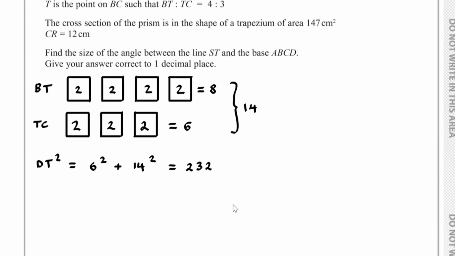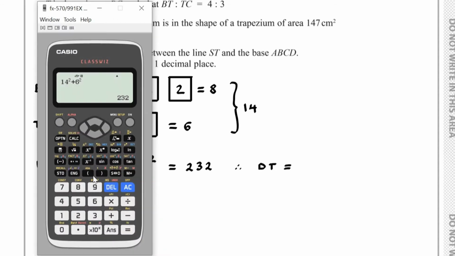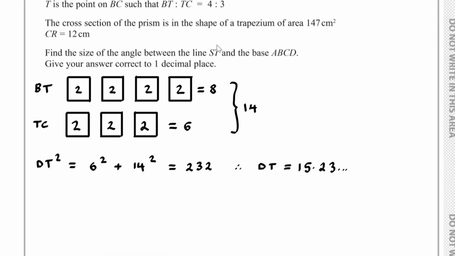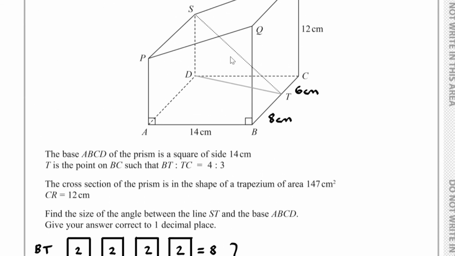And so DT is the square root of this, which as a decimal is 15.23, etc. So here we have 15.23, etc. centimeters.